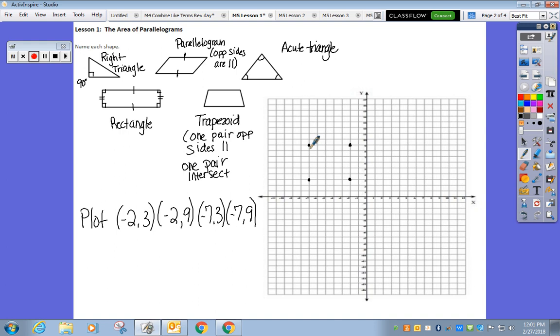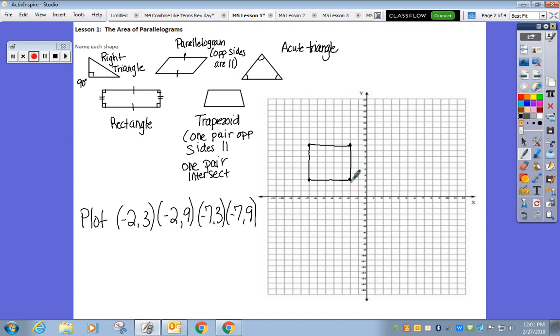Okay, so if I draw my lines in here, this is what I have. Now, hopefully we all know how to find the area of a rectangle, and to do that we would do the length times the width. So if I count the distance between these 2 points, I can count the lines, or I can do my distance based off of my 2 points.